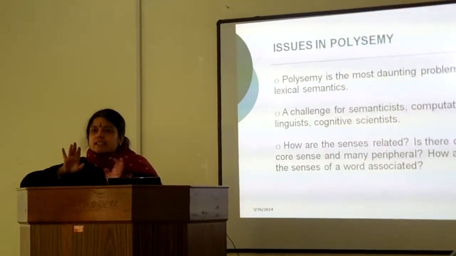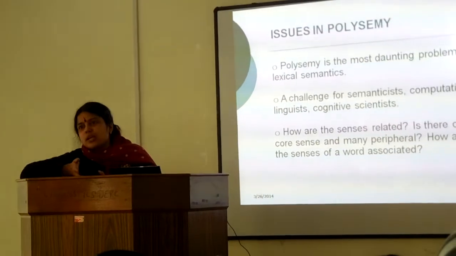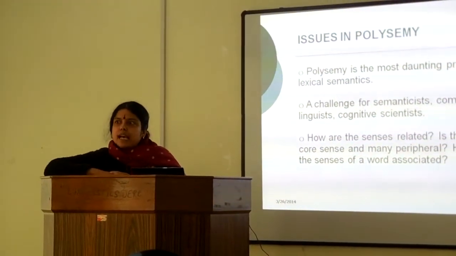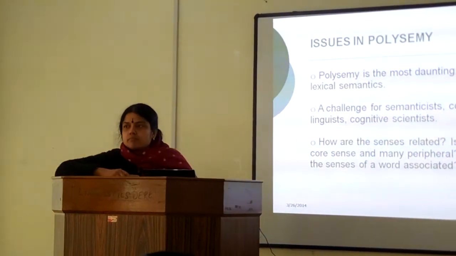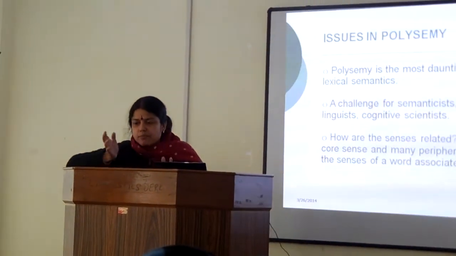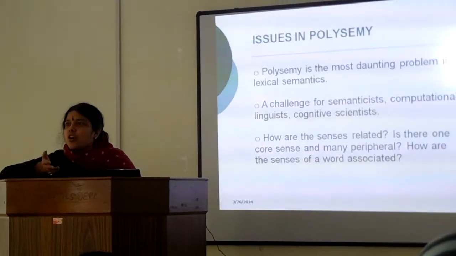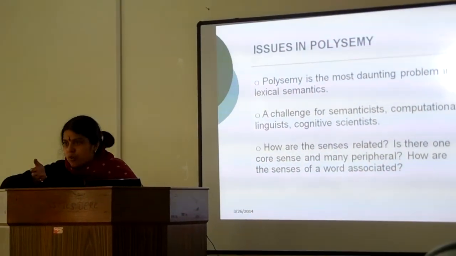For cognitive scientists in general, linguistics is part of a big umbrella called cognitive science. Cognitive science is a cover term for understanding how we cognize, how do we know what we know.